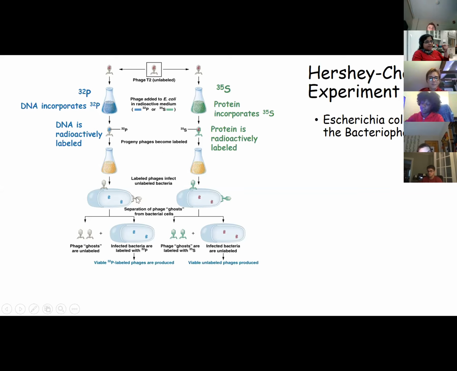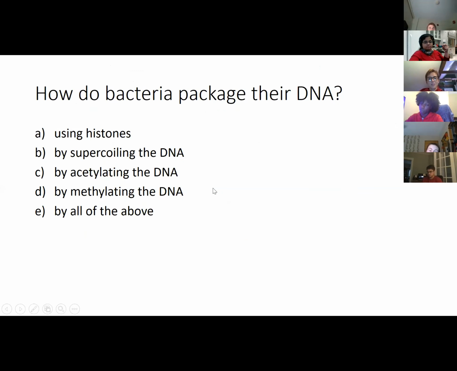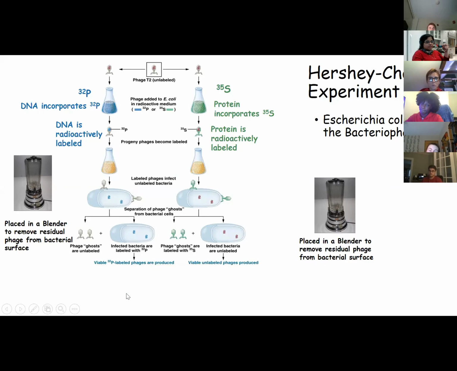They infected the bacteria, and after they infected it, they put it into a blender and spun it down. And then things started lighting up like Christmas trees. So in this case, in the DNA part, that's where the bacteria lit up.